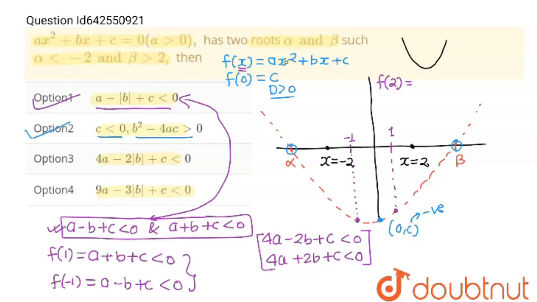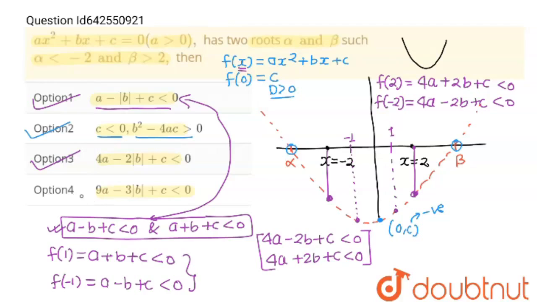At x equals 2, 2 square will be 4a, and at x equals 2 this will become plus 2b plus c. And at x equals -2, this will be 4a minus 2b plus c. Okay, and both are less than 0. Why less than 0? Because at x equals 2, this point lies downward of the x-axis, and at x equals -2, this point is also lying downward of the x-axis. So for both the points, the y coordinate is negative. So you can see this is also a correct option.